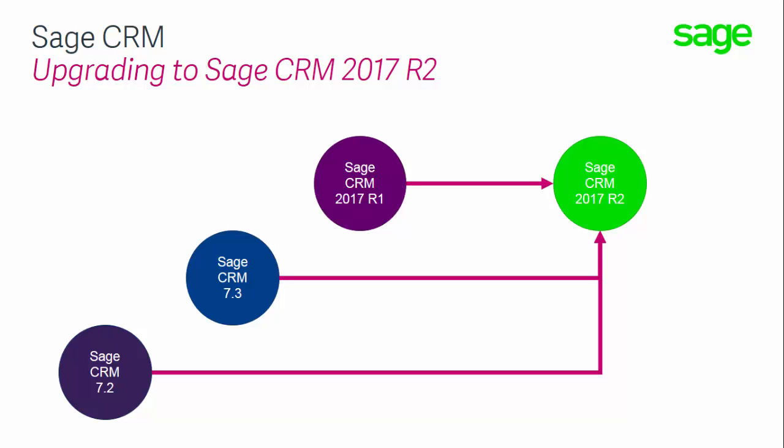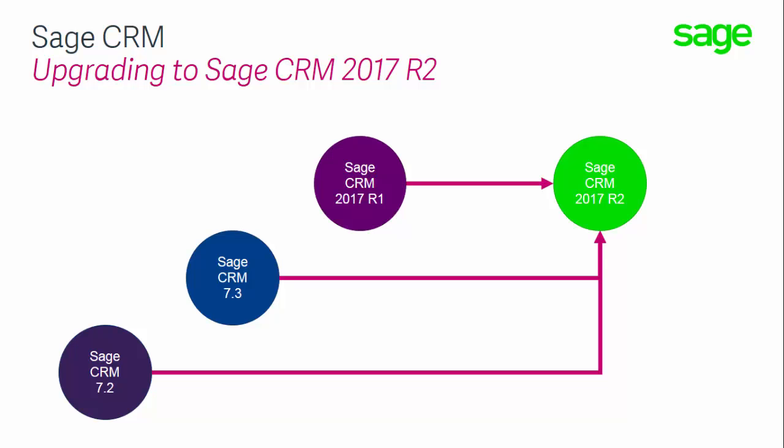Let's start by also pointing out that upgrades are supported to 2017 R2 from all versions of Sage CRM 7.2 and 7.3 all the way to Sage CRM 2017 R2 without any intermediate installs.